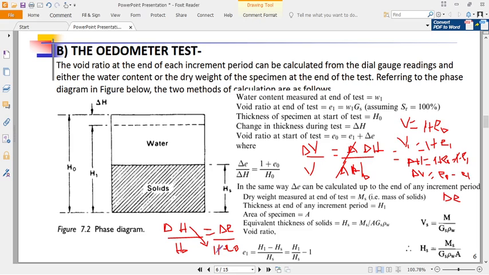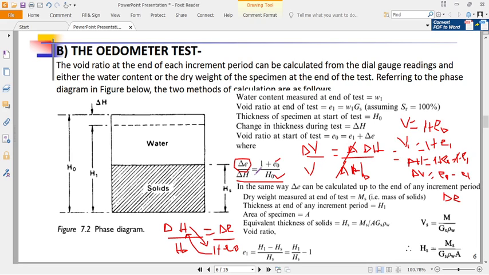Is that okay? Our purpose is to determine e. H0 is known on the sample, so our purpose is to determine e.